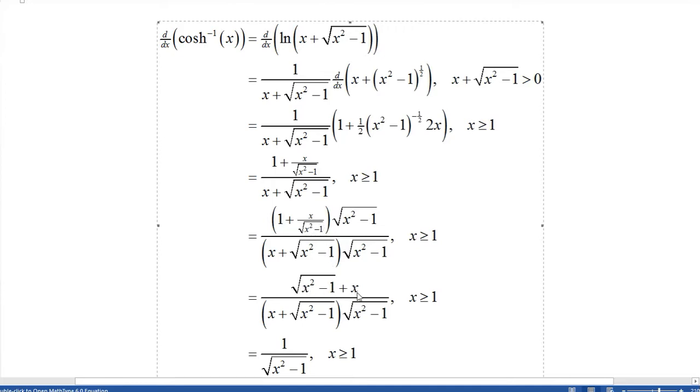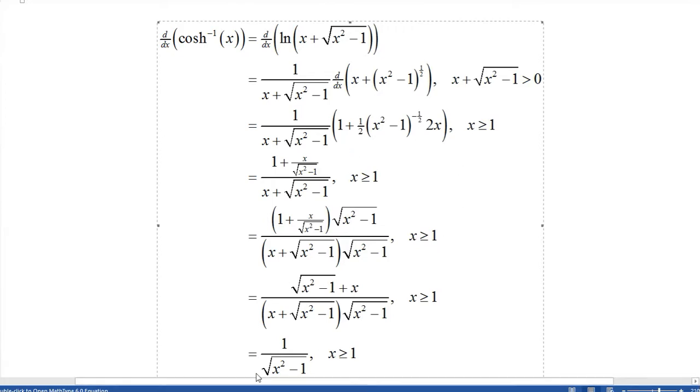But if you look, that right there in the numerator is exactly that first factor, so that cancels out, leaving 1 over the square root of x squared minus 1. But again, our restriction is that x has to be greater than or equal to 1. For this expression here, as we've seen, for it to be greater than 0 boils down to x being greater than or equal to 1 for that to work out.